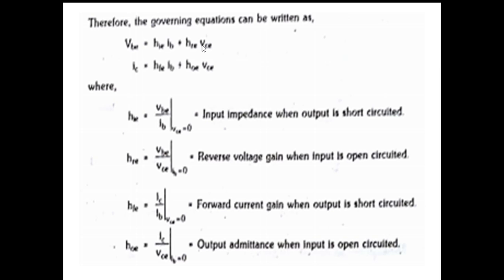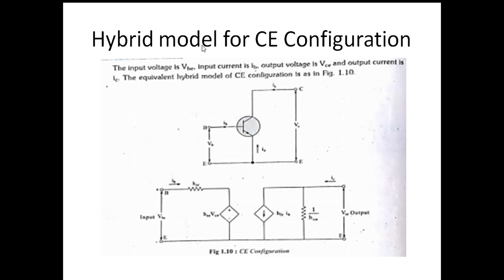From this equation, now we can draw the input circuit in the hybrid model like this. The input voltage VBE is equal to the combination of other two voltages.